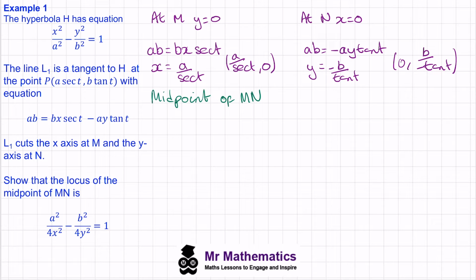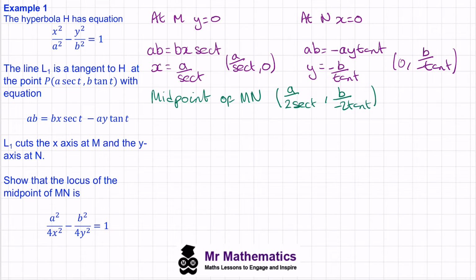So if we halve our x value, we'll have a over 2 sec t. And if we do the same to our y value, we'll have b over negative 2 tan t. So the general coordinate of a midpoint will be a over 2 sec t for our x, and b over negative 2 tan t for our y.